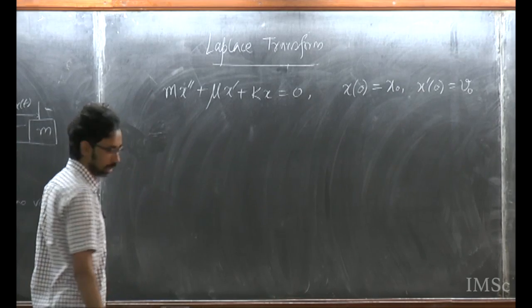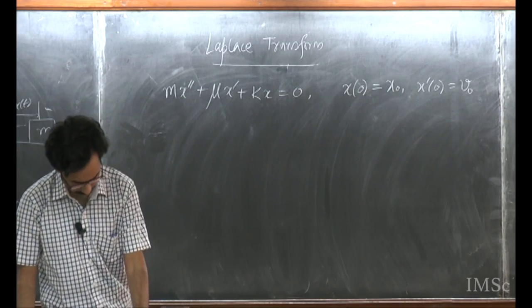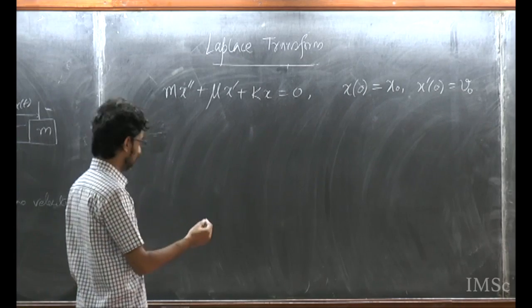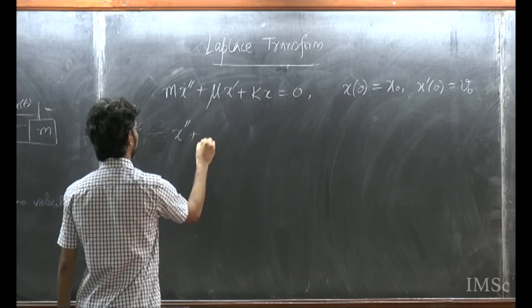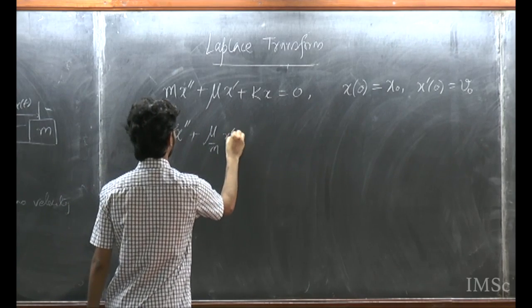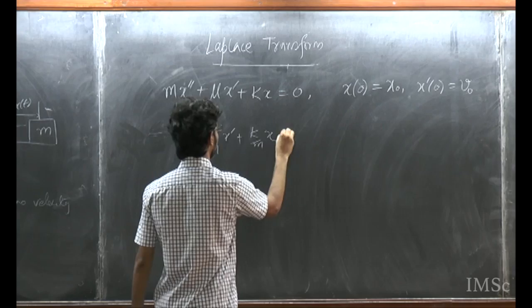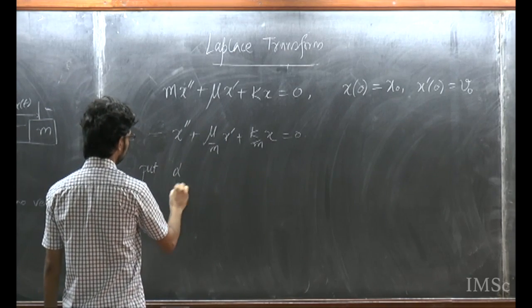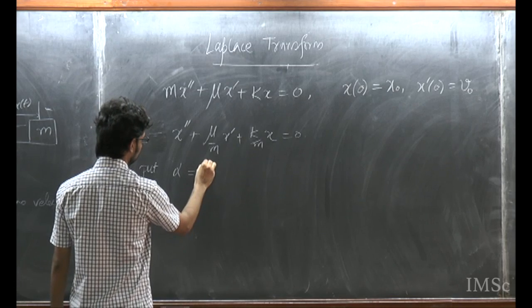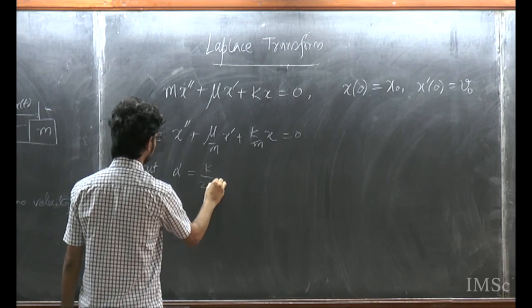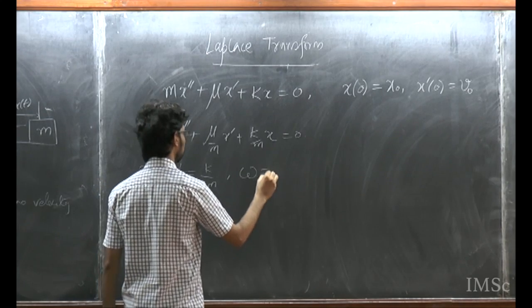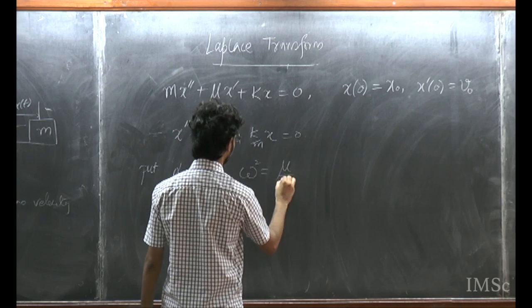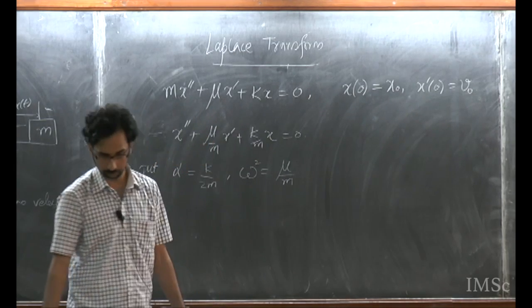So first, in physics they change the terms a bit. That makes the analysis easier. So we have x double prime plus mu by m x prime plus k by m x equals 0. So put alpha equals mu over 2m, and omega squared is k over m.